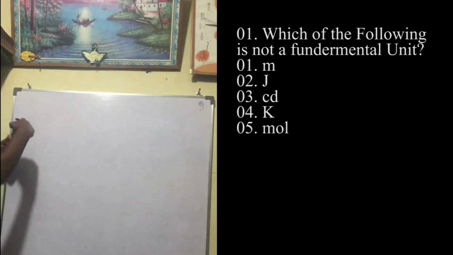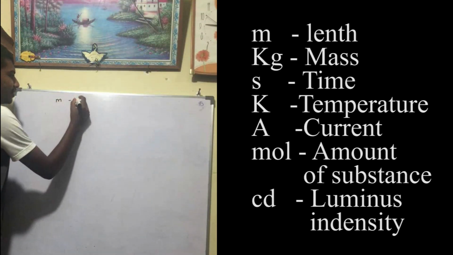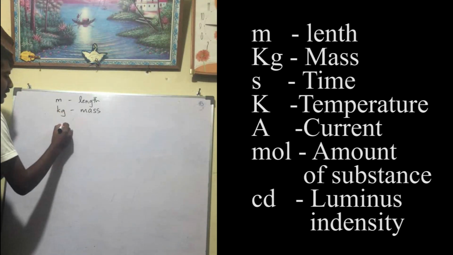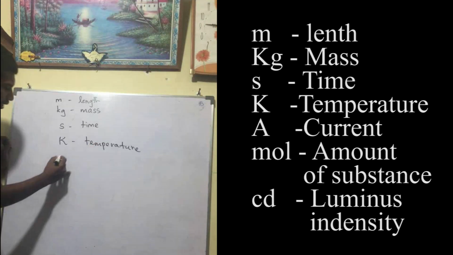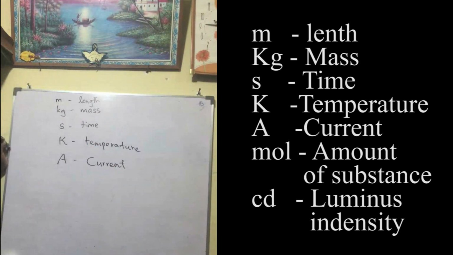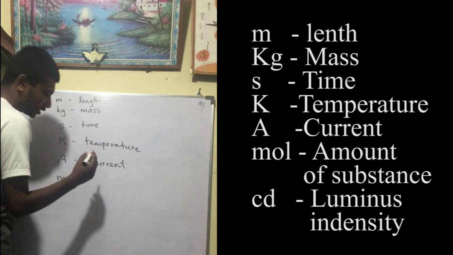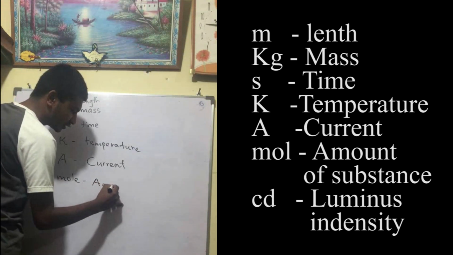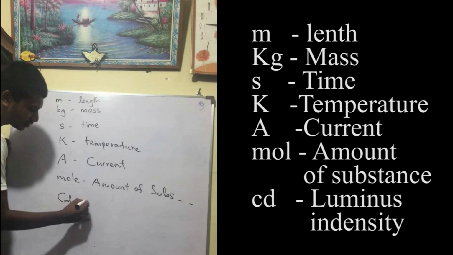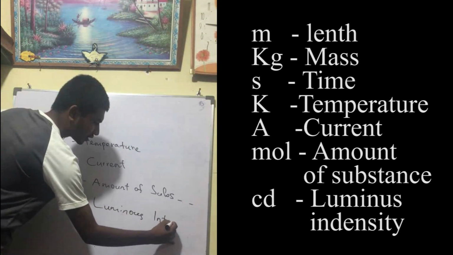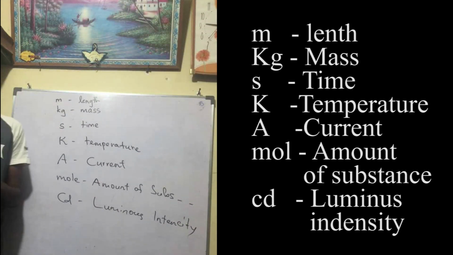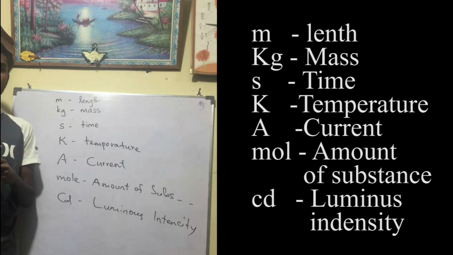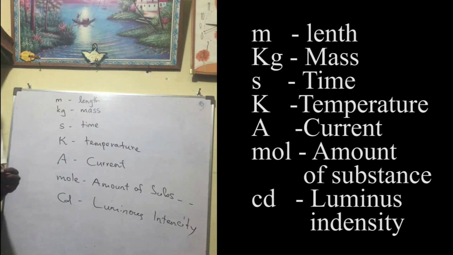Those are meter for length, kilogram for mass, seconds for time, Kelvin to measure the temperature, ampere to measure the current passing through a conductor, mole to measure the amount of substance, and finally candela for the luminous intensity. So these are the main 7 basic fundamental units we have in physics.